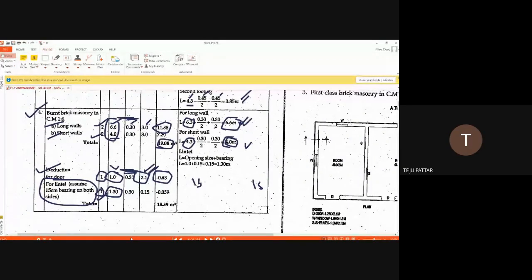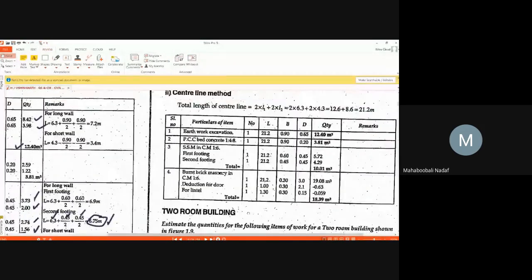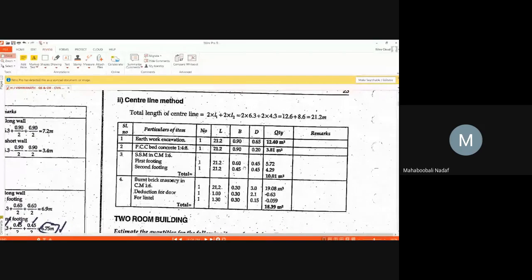Okay. Now the same long wall short wall problem is solved using center line method. See, in this center line, it is a quick method. You are writing the items: earthwork, PCC, sandstone, BBM.